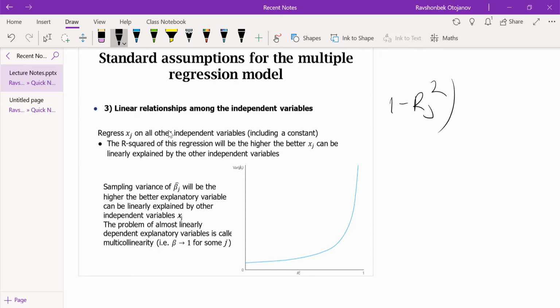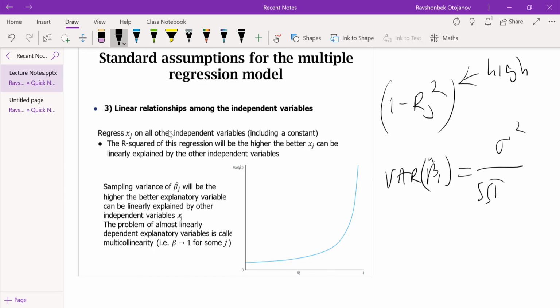Let me write this down here, the variance of beta 1 is sigma squared over SST1 times 1 minus r1 squared. We would like to get the denominator as high as possible, because when you divide a small number by a high value, you get a very small number as well.